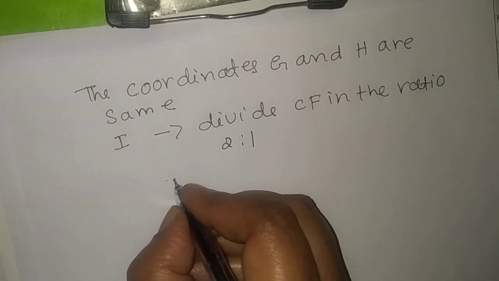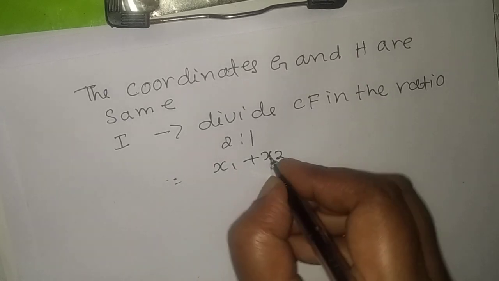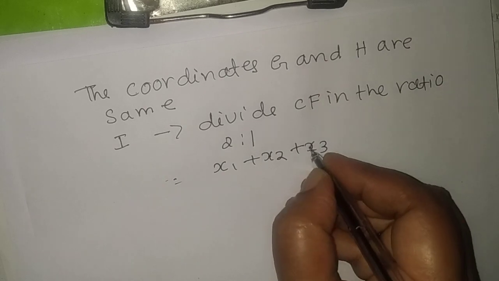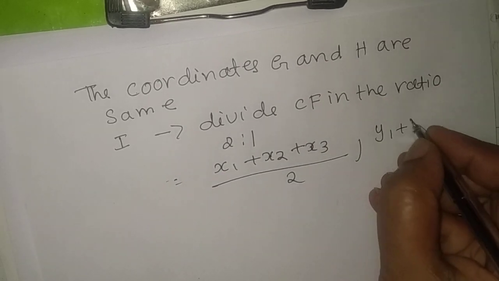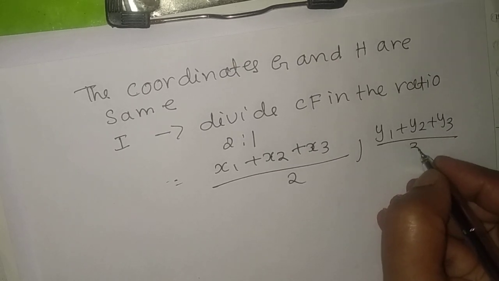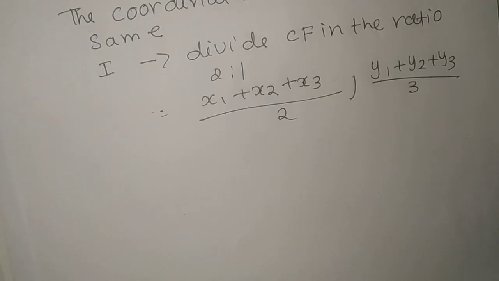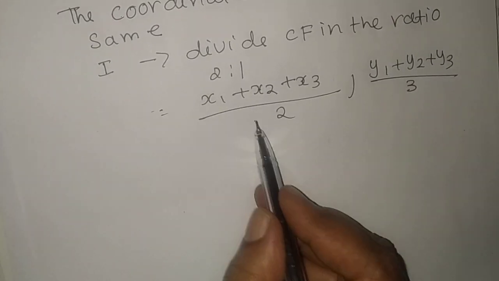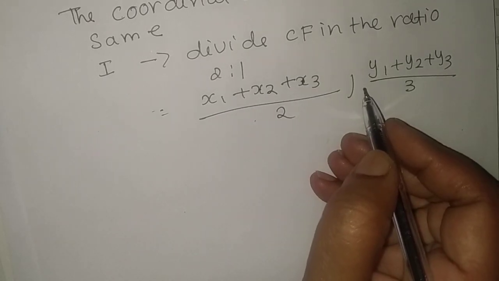So similarly we get same thing, that is x1 plus x2 plus x3 by 3, y1 plus y2 plus y3 by 3. Same thing, substitute the values for every case, it is same.